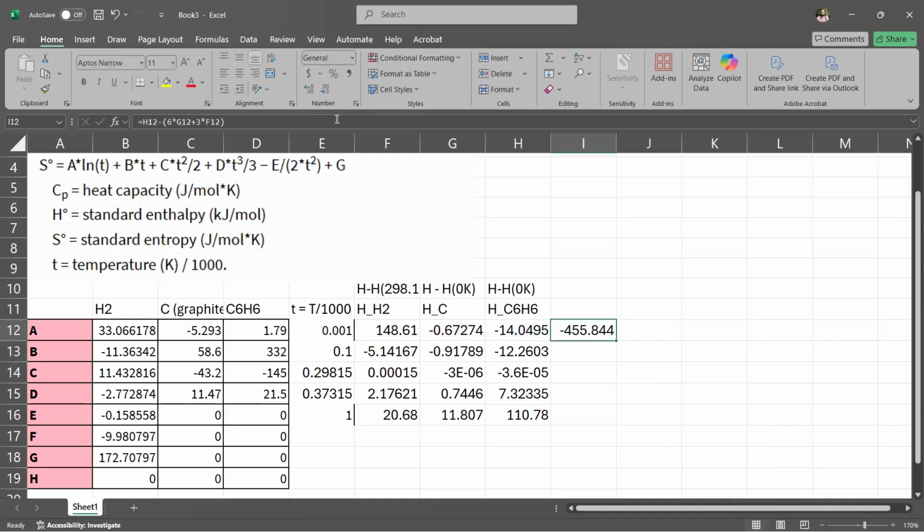So we already get a prediction for this number. This number is way off. And the reason why is because all these enthalpies and the heat capacities are not defined well near 0 Kelvin. So these numbers are crazy.